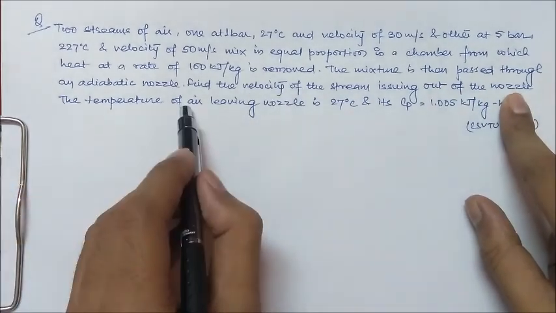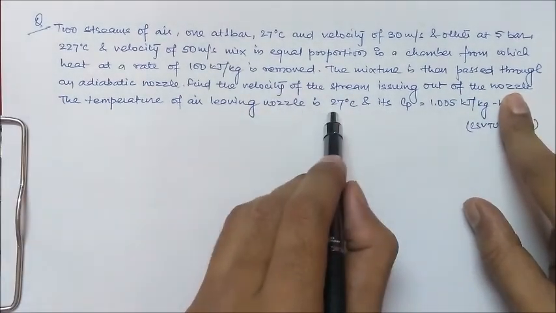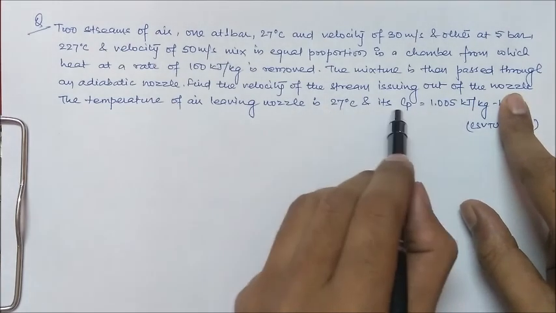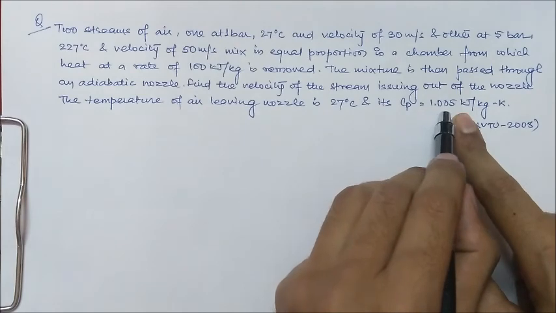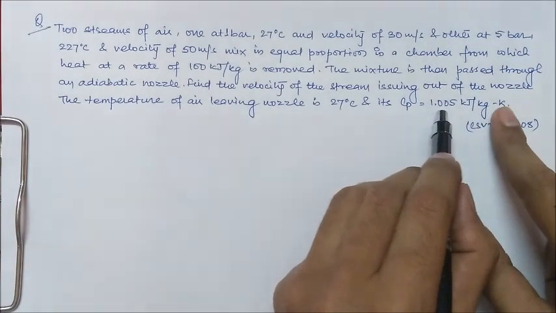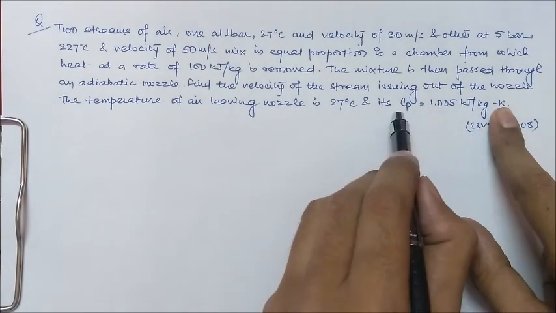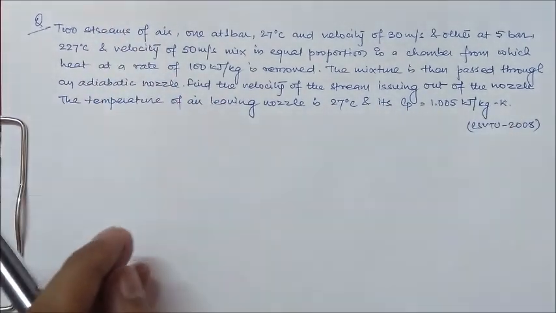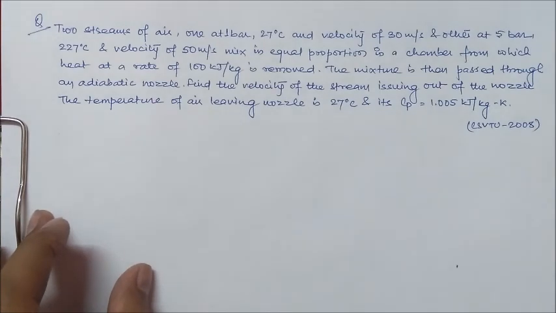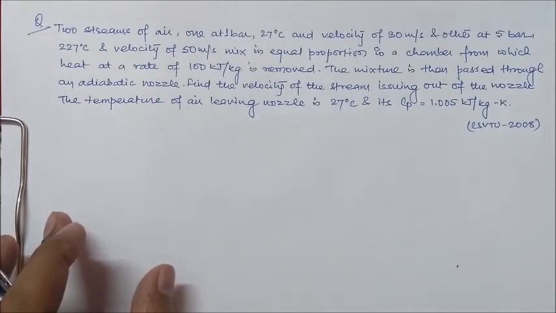The temperature of the air leaving the nozzle is 27 degrees Celsius and its Cp is 1.005 kilojoule per kg Kelvin, which we already know because it's air, right? Okay, so here we see that there are two streams going into a mixing chamber.